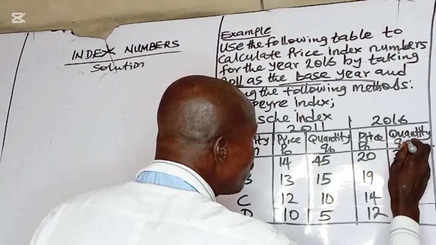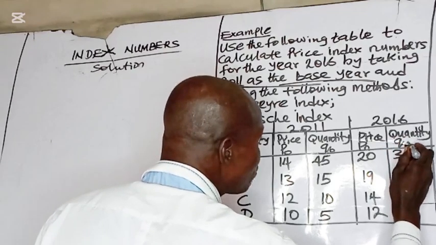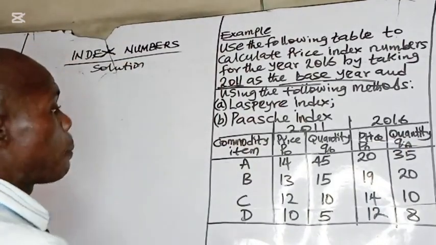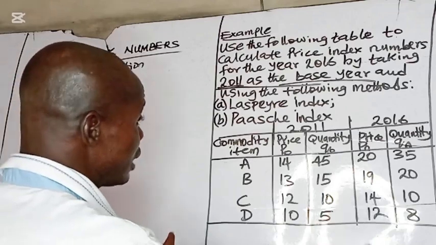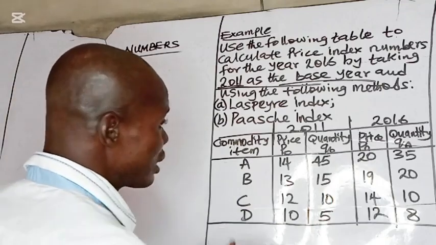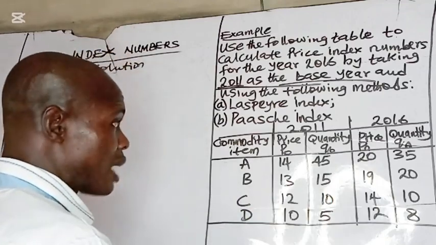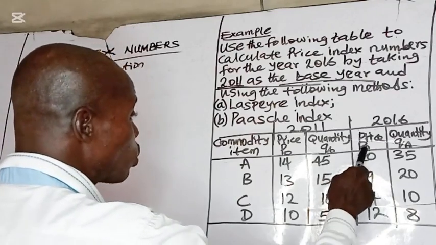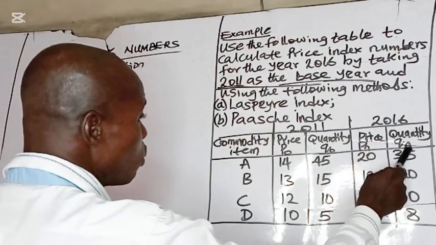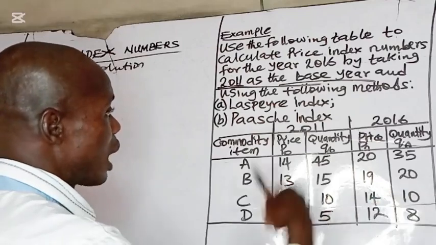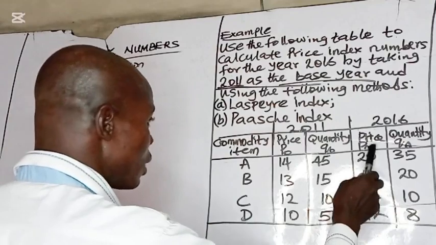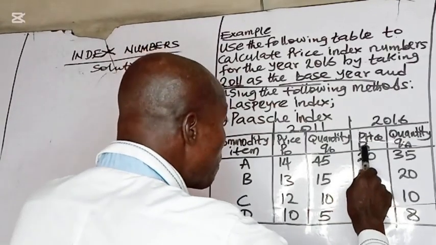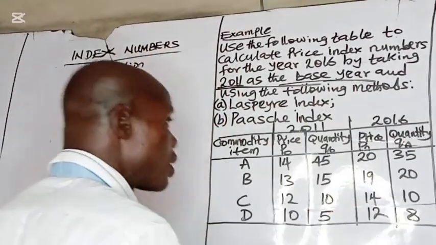Where you have more than one year, such as 2016 and 2017 as current years, you calculate the index for each separately, so you can take 2016 as P1, Q1 and 2017 as P2, Q2 respectively. If you still put P1 and Q1, it's still correct.